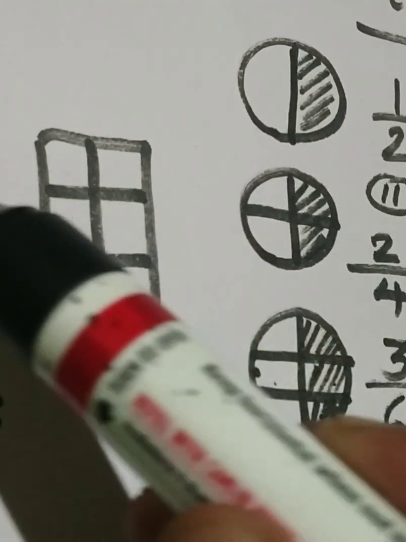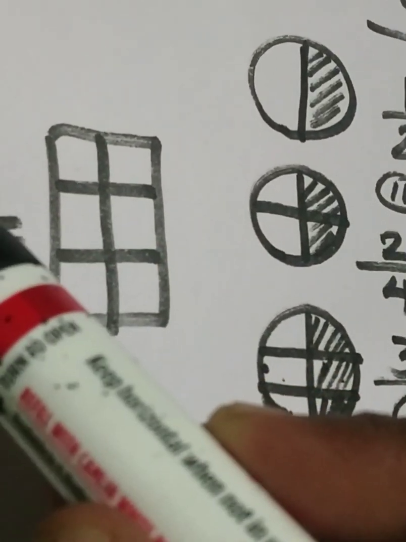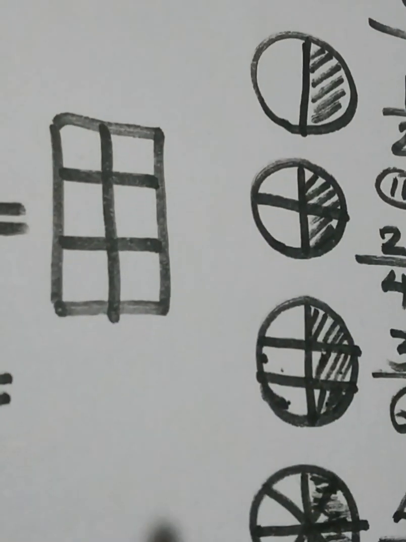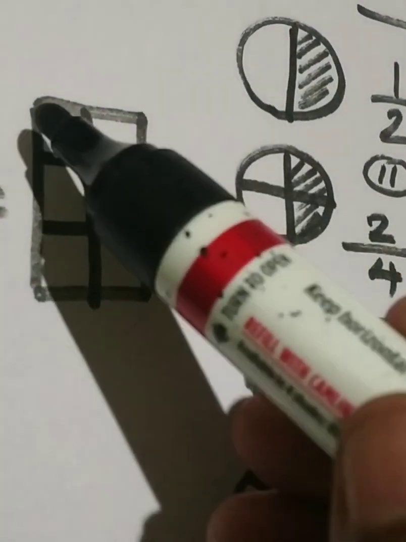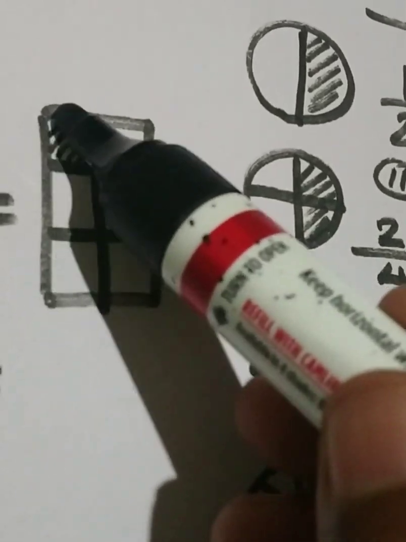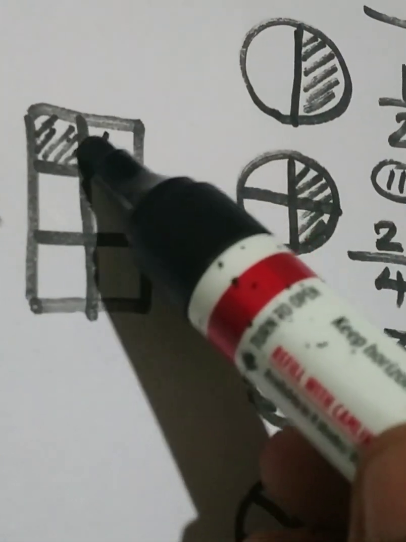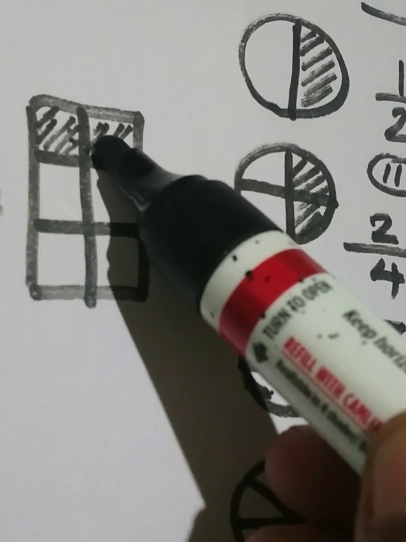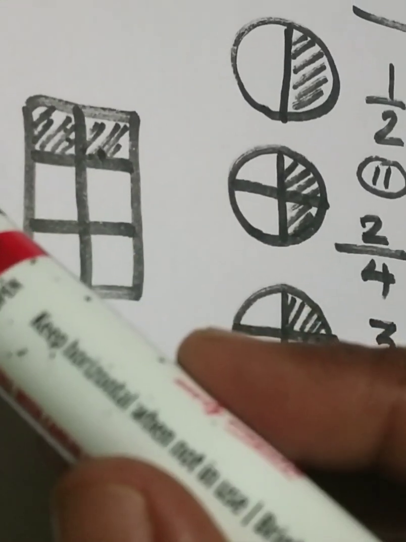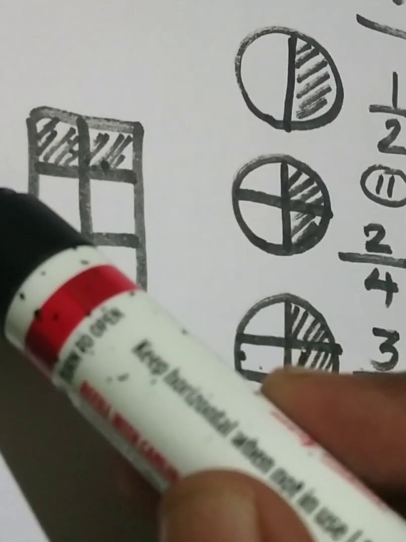I have to get the same size of this piece of cake. We know this is not equal to this size. If we shade this part, now we can say I got a size equivalent to this piece of cake.